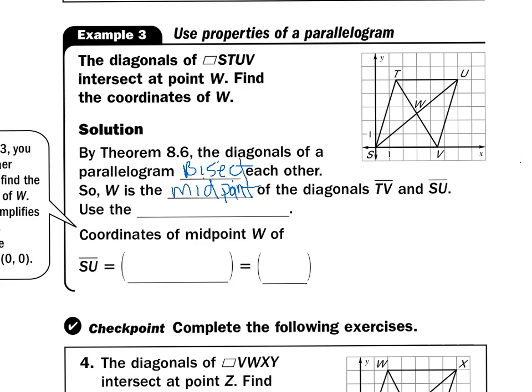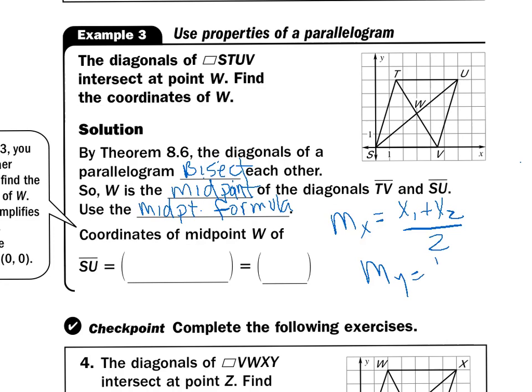And so we need to use the midpoint formula. Do you remember the midpoint formula? The midpoint of the x equals the first x plus the second x divided by 2. And then the same with the y.